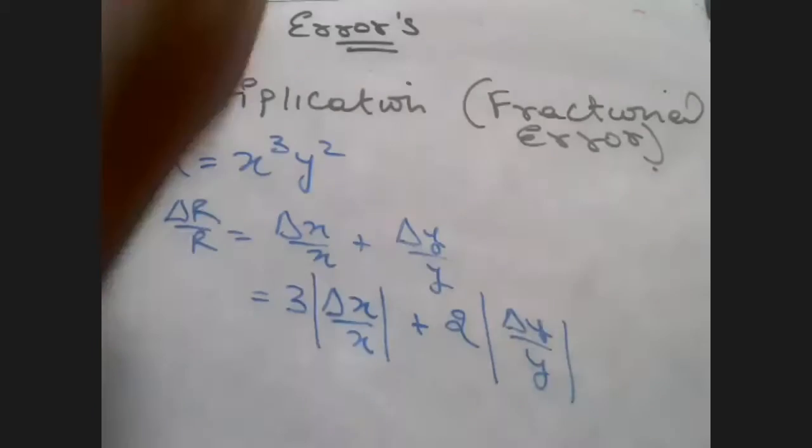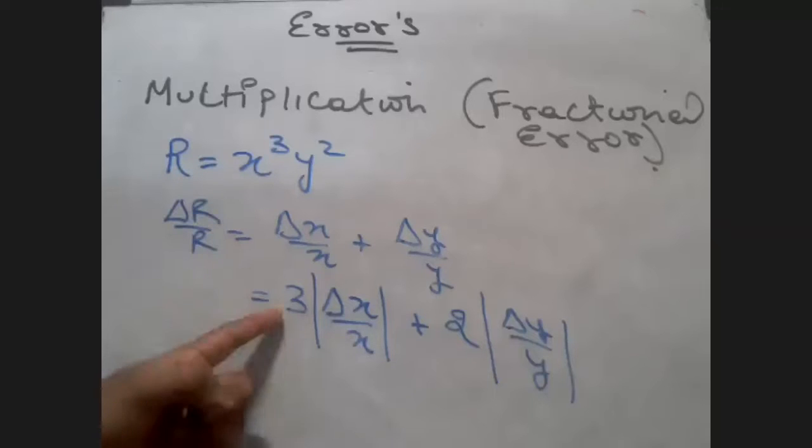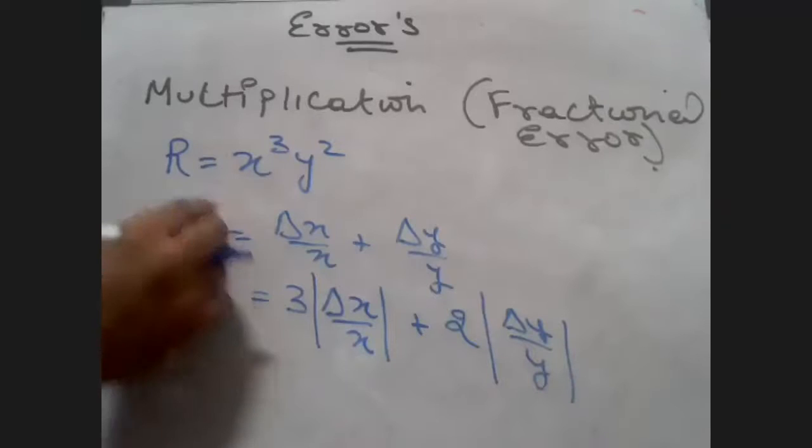Is that clear? Whatever exponents there are, you will bring them down like this, beside the fractional error of delta x upon x plus delta y upon y. Everyone, is it clear? Yes, sir. This is the fractional error, students.